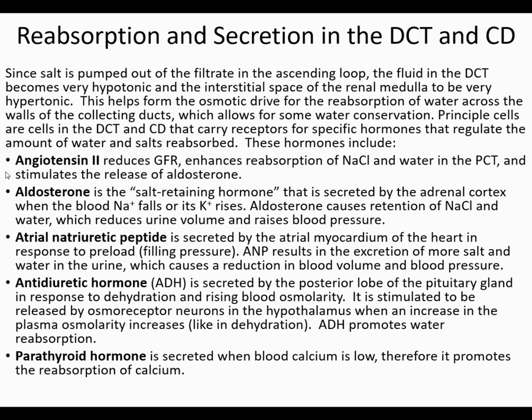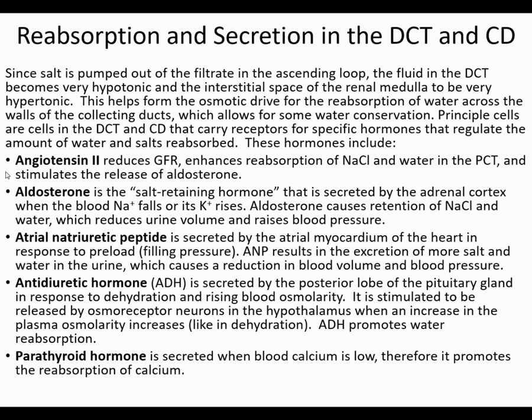Of the first 4 hormones, only one of them is going to promote water secretion. The others all promote water and possibly salt reabsorption. The only one that promotes water secretion is ANP, atrial natriuretic peptide. That's the one that also increased GFR, because that's trying to reduce blood volume.